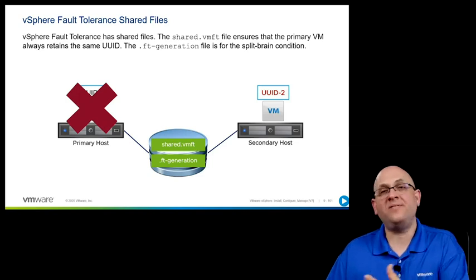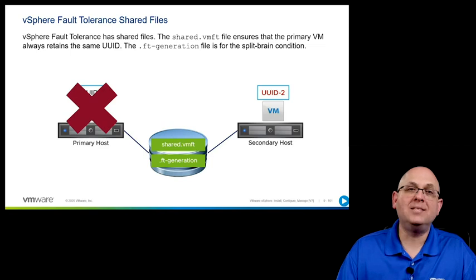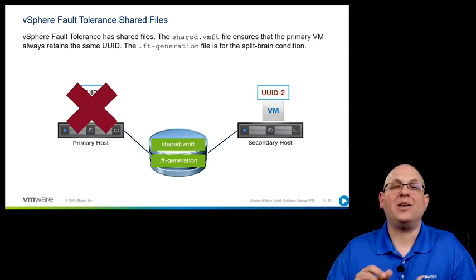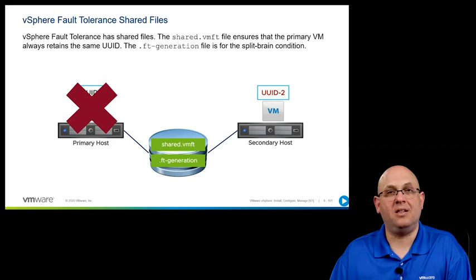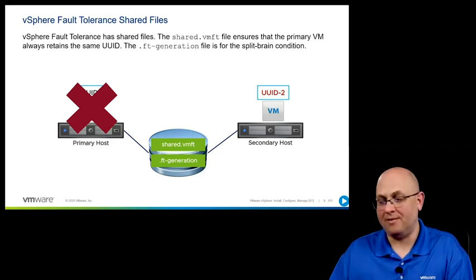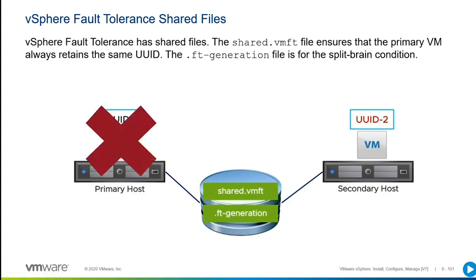So when there's a failover, the secondary VM reads the unique identifier from the shared.vmft file and writes it into its VMX file so that it is now considered to be the primary VM. You can then see that the secondary VM takes that UUID. It's now the primary VM.